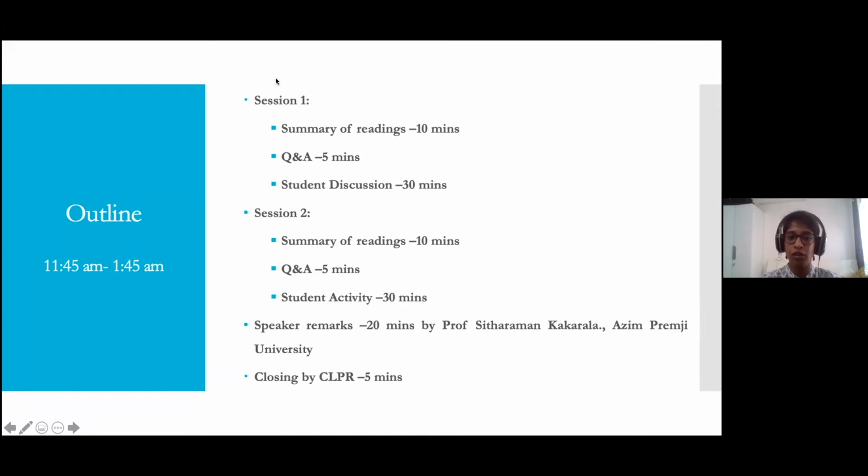Once we're done with the 2 reading sets, we will have Professor Sitaraman Kakarela from the Azim Premji University to give us his remarks. And then we will close this session. So this is the broad outline for the session. Anybody have any questions?